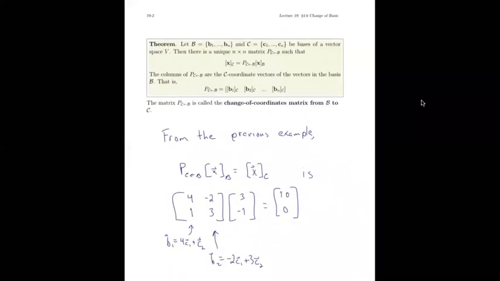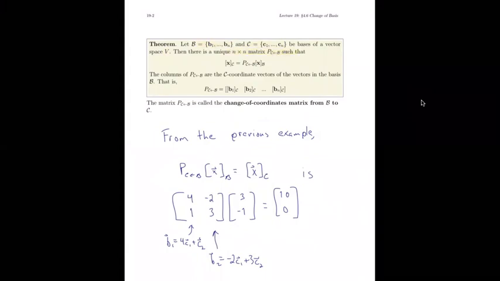So one nice theorem for this, and it's essentially reaffirming what we've already known. So this is, again, still for the same type of problem we just looked at. We're given two bases, B and C, and they're each a basis for a vector space V. There's a unique n by n matrix, so that's good to know.